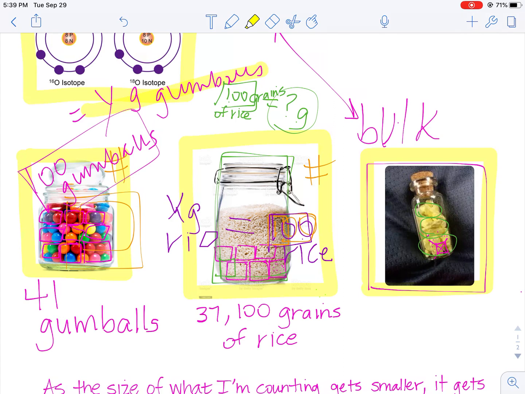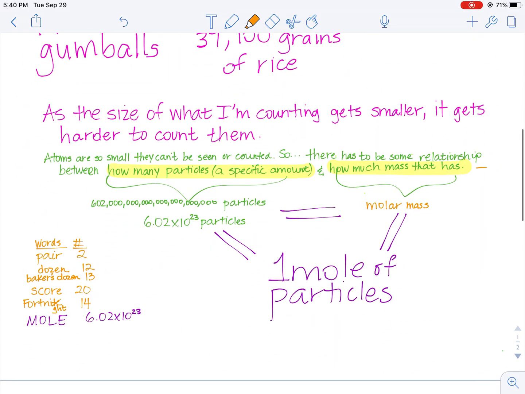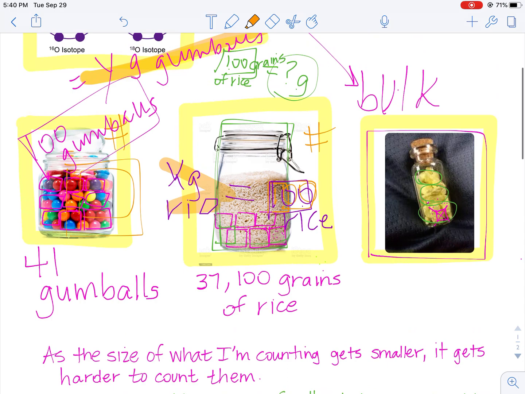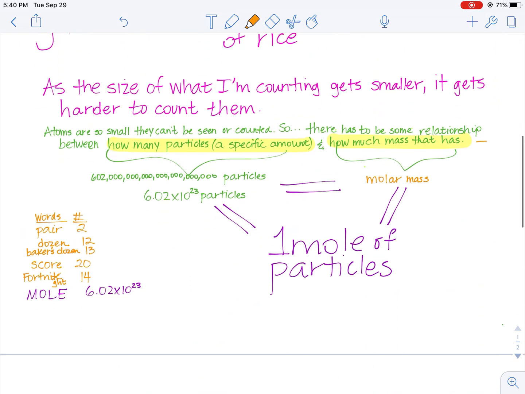This mass here, the Y grams of gumballs or the X grams of rice, that's indicative of the molar mass concept here. And the fact that we measured 100 gumballs or 100 grains of rice each time, that's analogous to this part here, the 6.02 times 10 to the 23rd particles, the how many individual things there are.